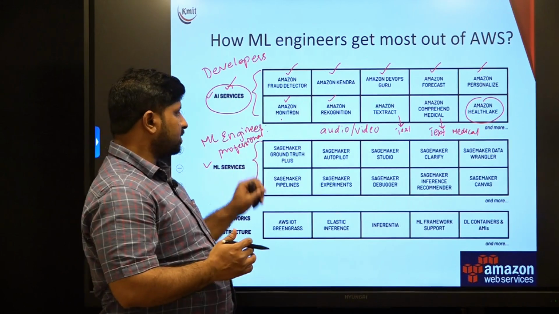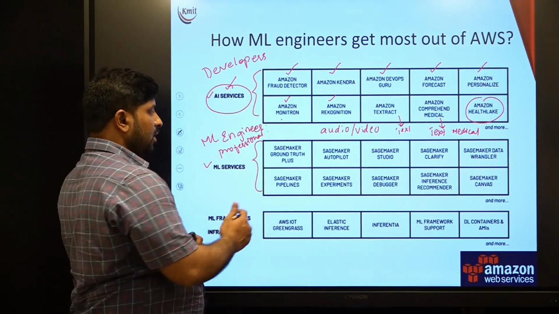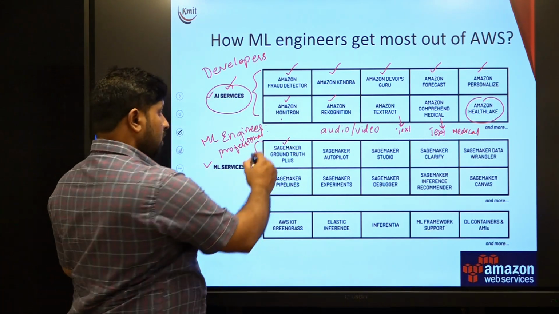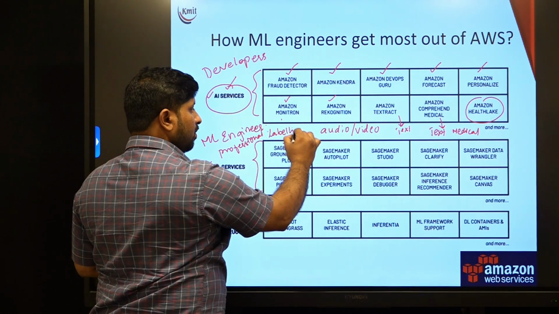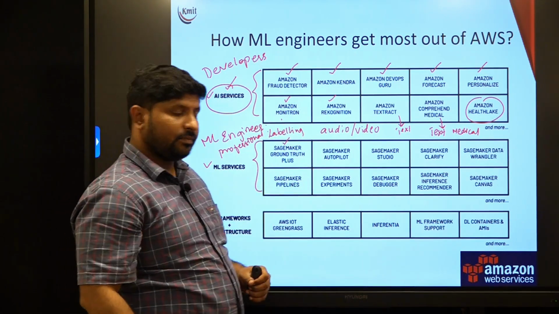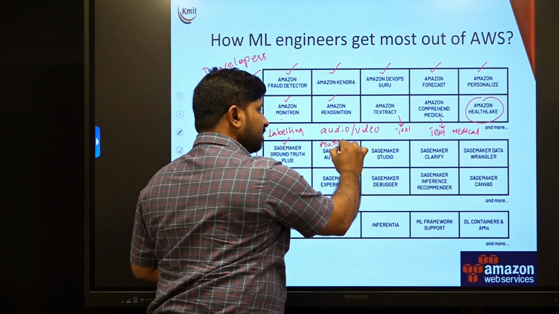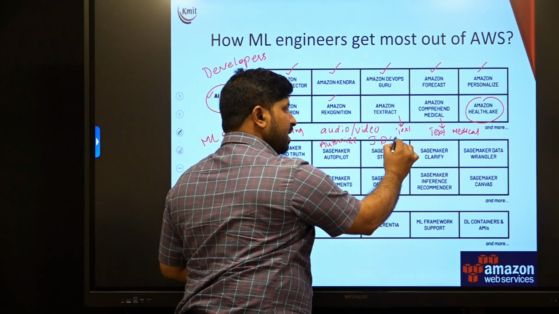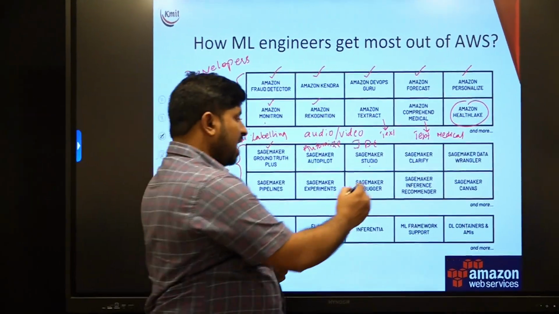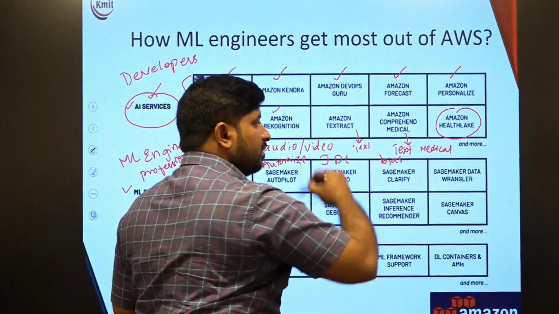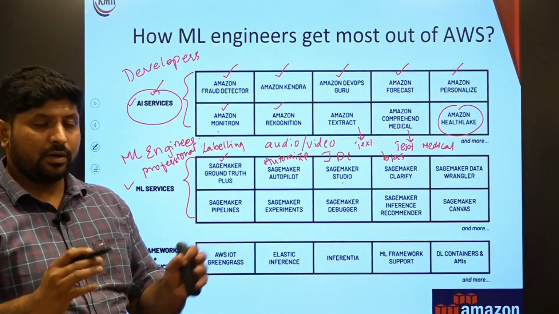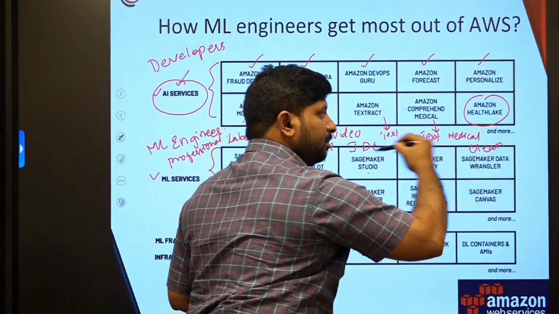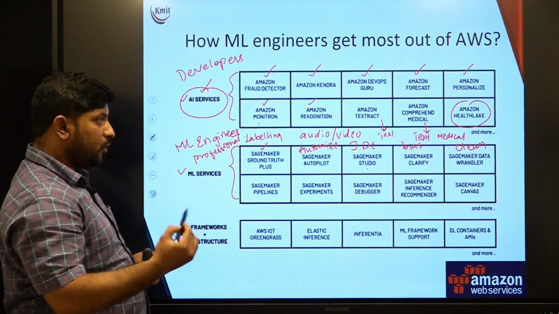For this, you require a certain machine learning skill set. For example, Ground Truth service is mostly used for labeling, whereas Autopilot automates your machine learning tasks. SageMaker Studio works as an integrated development environment, IDE, and Clarify detects bias in the data based on the machine learning model. Data Wrangler cleans the data.